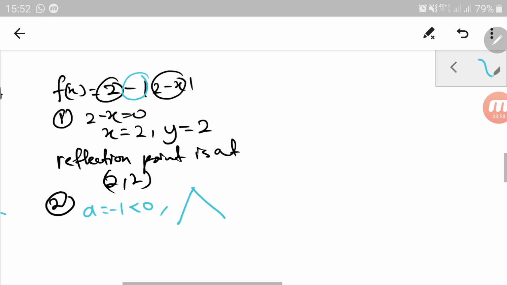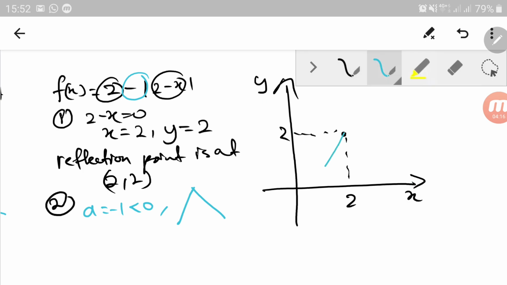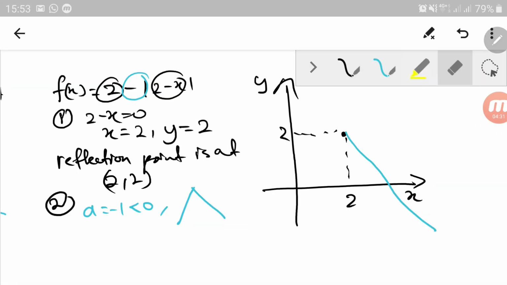Okay, now let's sketch it. Maybe I can have the axis like this. We put the point first, it's easier. So this one is 2, and this is 2, x, y, and then we have it going like this. Now, since the left part of the line here, the one that I deleted, is closer to the origin, there might be 3 possibilities for the line.